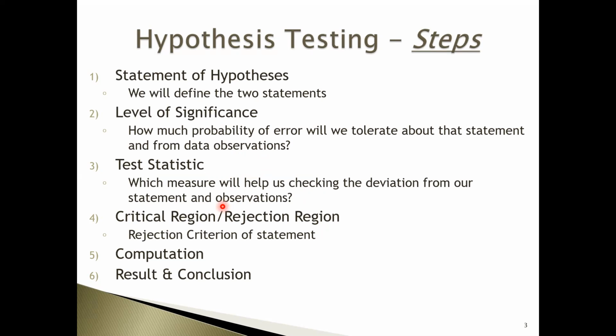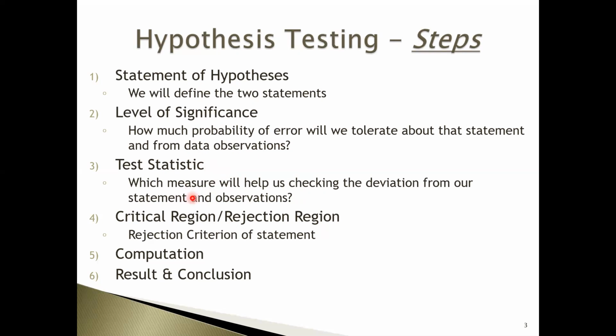And then we decide the rejection region or critical region. These are synonyms in the theory of statistics, where we set the rejection criteria based on the value of the test statistic. So today we are going to study the first step, the second step, and basically the fourth step in detail.